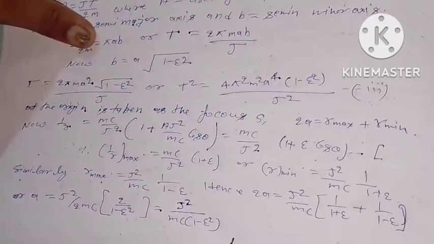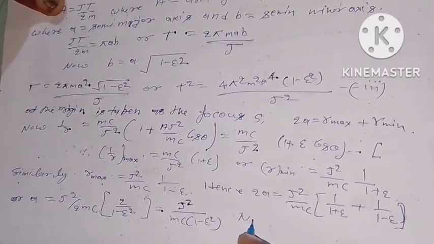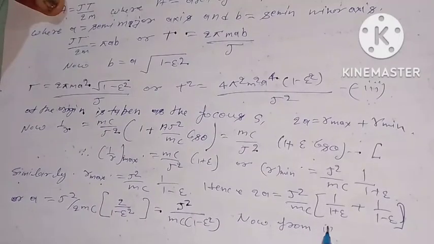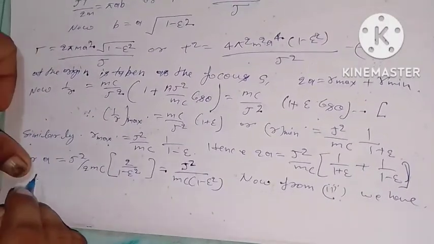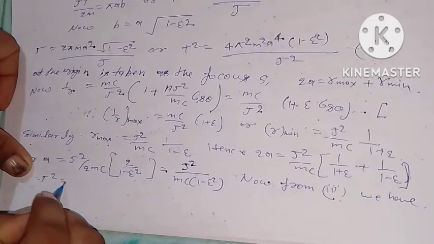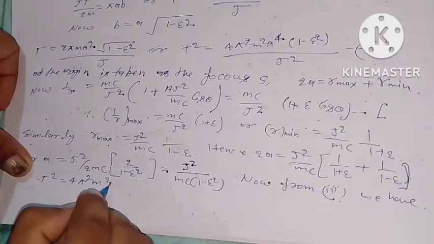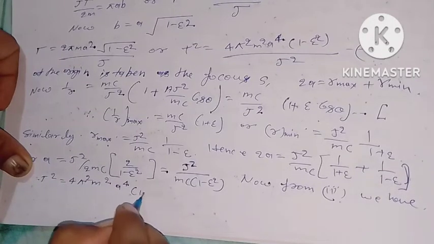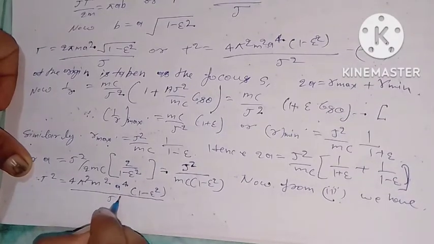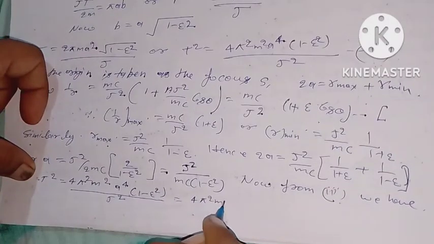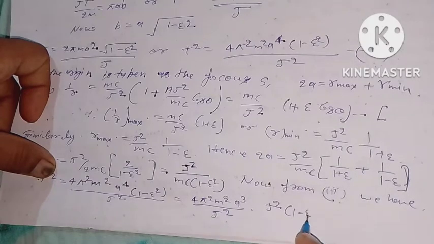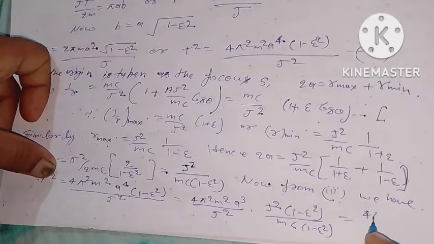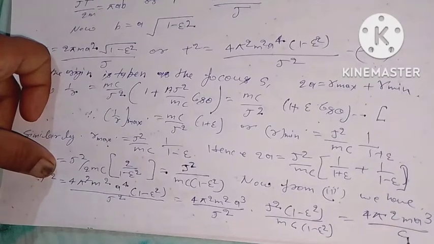Now from equation number 3 we have T square equal to 4 pi square m square a to the power 4 in bracket 1 minus epsilon square upon J square, equal to 4 pi square m square a cube upon J square into J square upon mc into 1 minus epsilon square, equal to 4 pi square m a cube upon c.